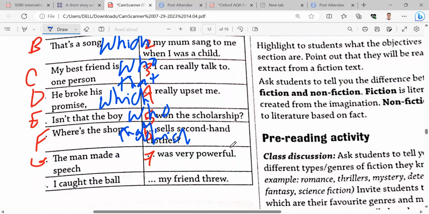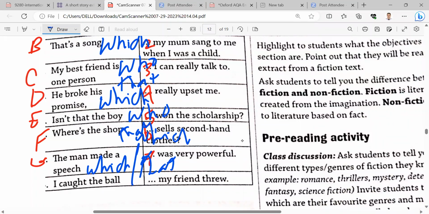Like the last one, or here: the man made the speech, which was very powerful. Which or that, yes. So the man made a speech that was very powerful, or which was very powerful.